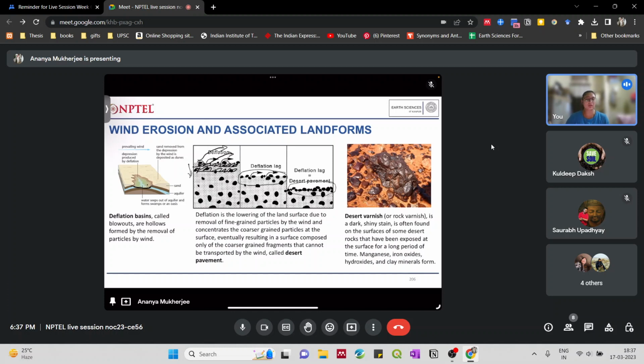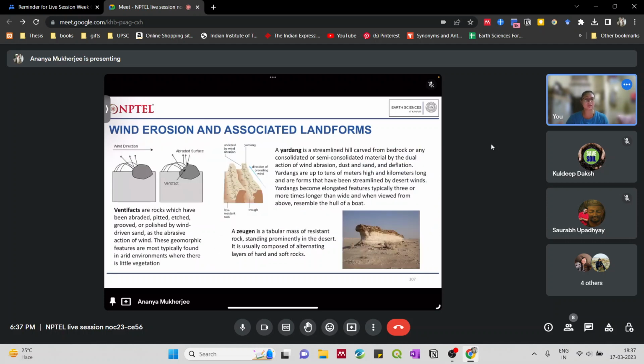Now, as we explained, one of the processes that happens when erosion with respect to wind is happening is called abrasion. Because of abrasion, a feature called ventifacts is formed. Suppose you see a rock exposure, and the surface of this rock has a lot of cavity-like features in it.